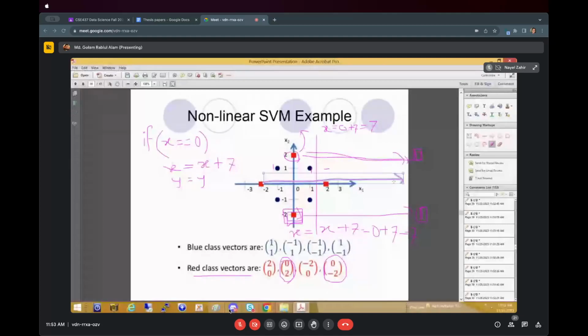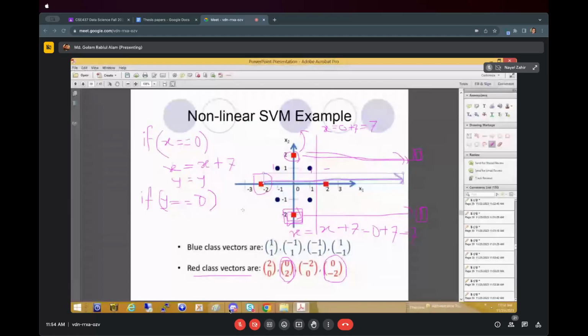Now we want to shift this one. The condition must be, in this case, y is 0. So we can write a condition like: if y is 0, then what do we have to do?